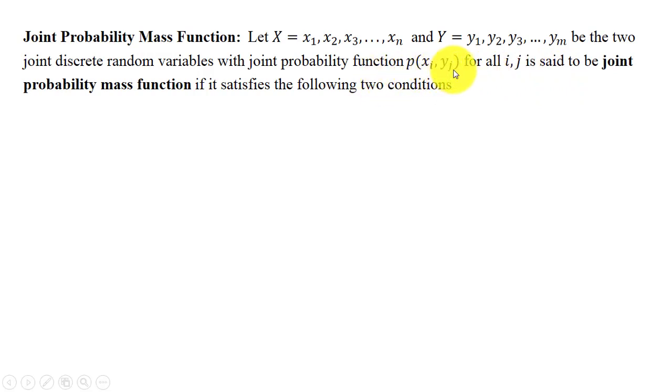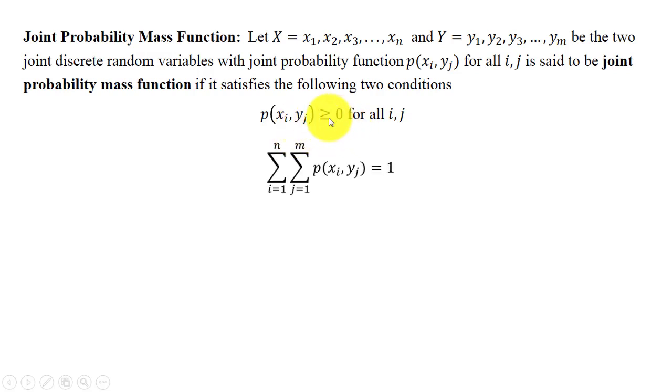Then P of xi comma yj is called the joint probability mass function if it satisfies two conditions: that the probability P of xi comma yj for all i comma j is greater than or equal to 0. That already we have seen in the previous classes. For a single variable, the probability is always non-negative, and if you take the sum of all probabilities, the summation of all the probabilities equals 1, where i equals 1 to n and j equals 1 to m.